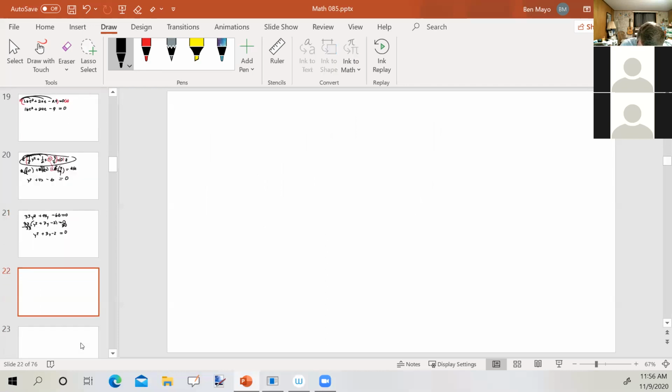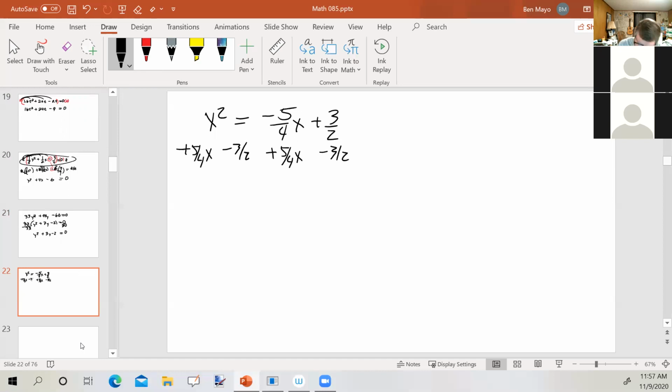Let's see here. We've got x squared equals -5/4 x plus 3/2. So the first thing I'm going to do is put this in standard form. I'm going to add 5/4 x to both sides and subtract 3/2 from both sides. So I get x squared plus 5/4 x minus 3/2 equals 0.